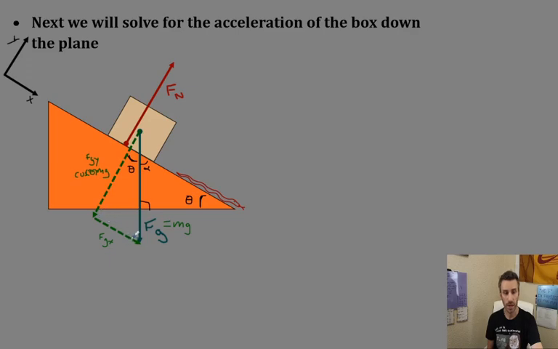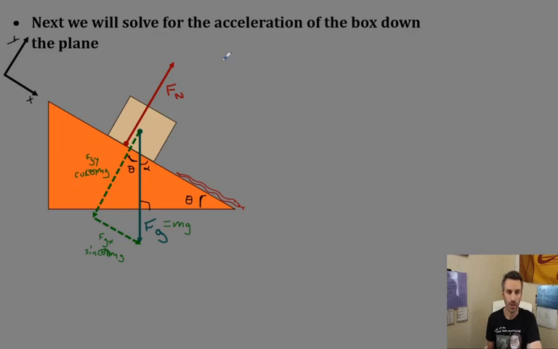And since it's the opposite side of the triangle, this is going to be sine. So this is equal to the sine of angle theta, and put that in parentheses, times mg. Okay, so we have cosine of theta times mg, the sine of theta times mg.